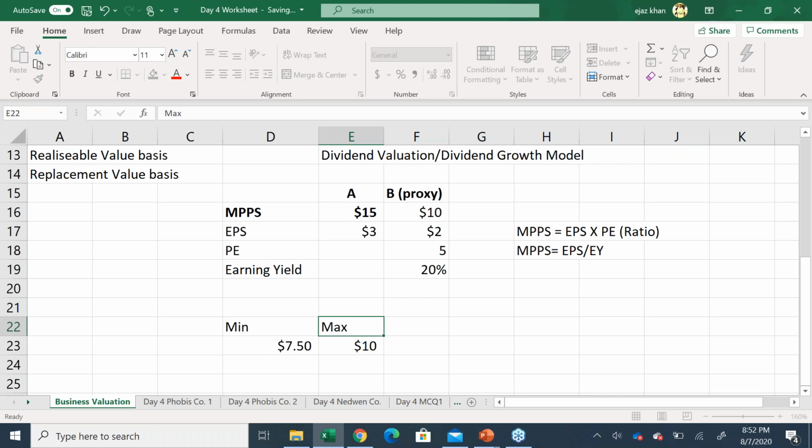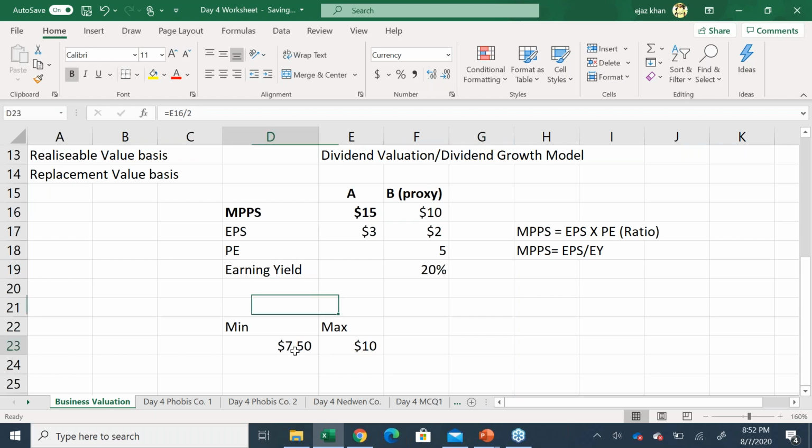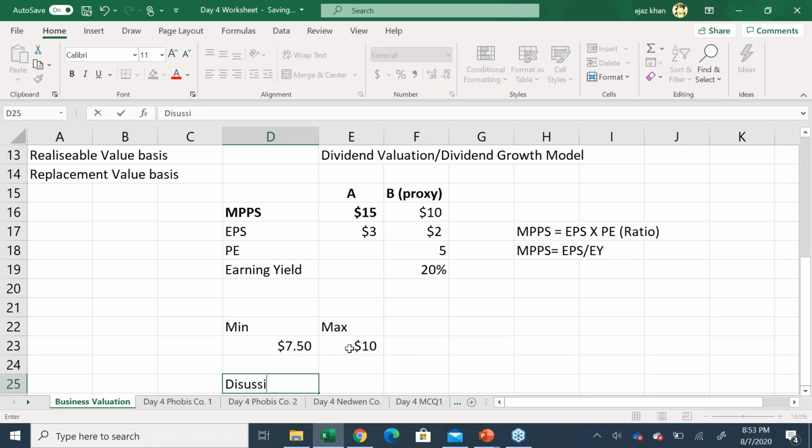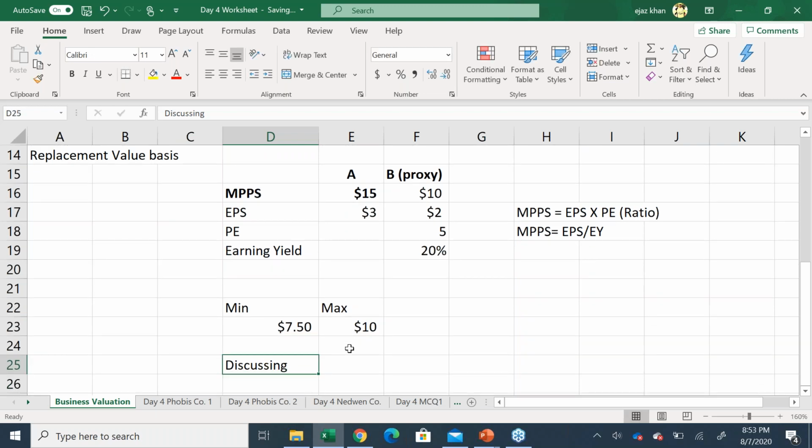So they feel that if a listed company would have a value of 15, then a similar size unlisted company will have a value between 7.5 and $10. That is half of a listed company to 2/3 of a listed company. But that will only be considered when you are discussing a question, not for an MCQ. Remember, this is only for discussing.